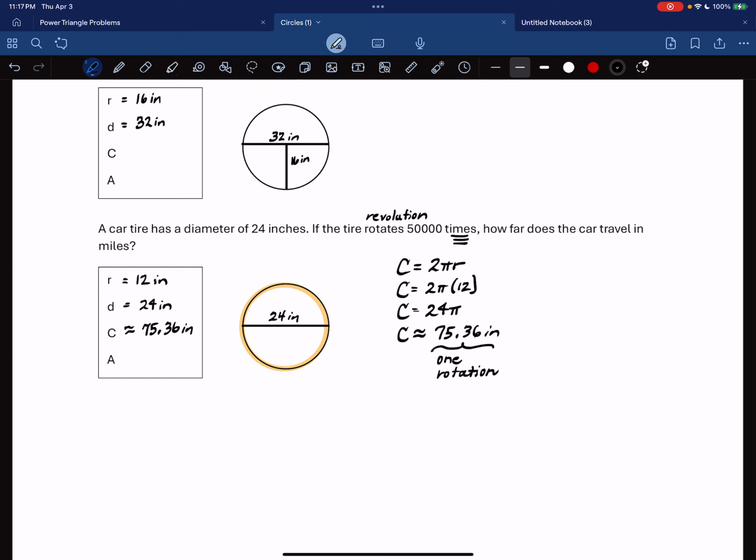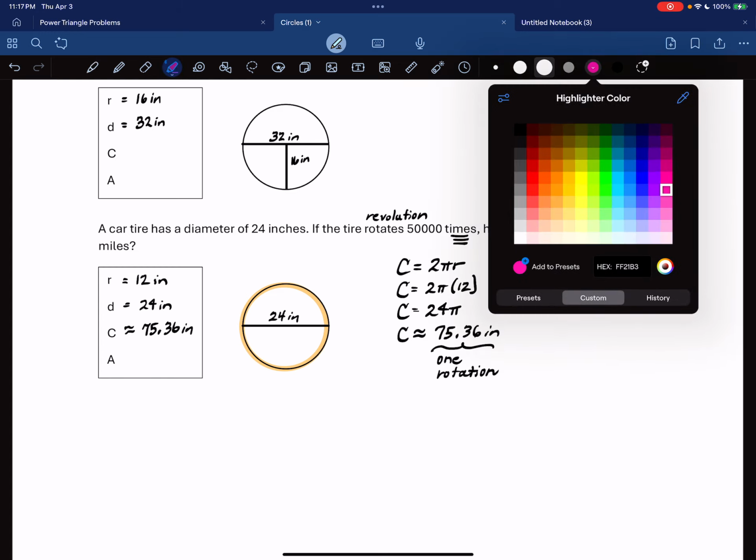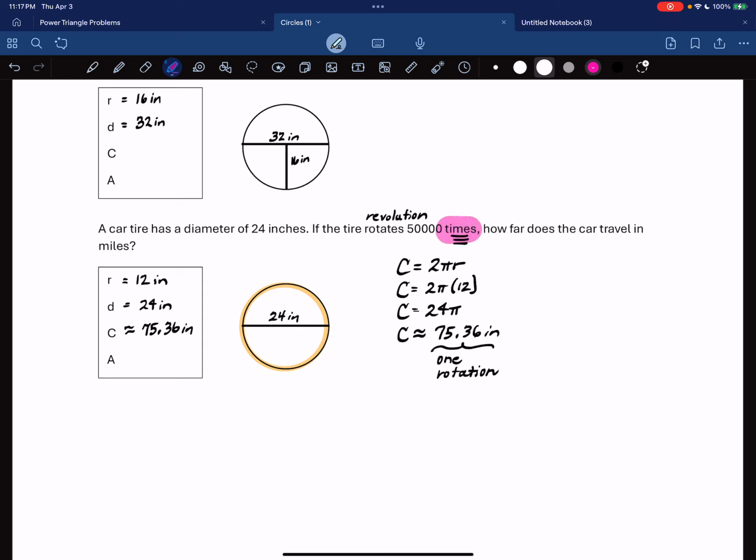All right, there's an important word in this problem, and hopefully you noticed it when I marked it. It's the word times. And actually, it's this whole phrase that's important. So we need to multiply one rotation, which is 75.36 approximately, times 50,000.